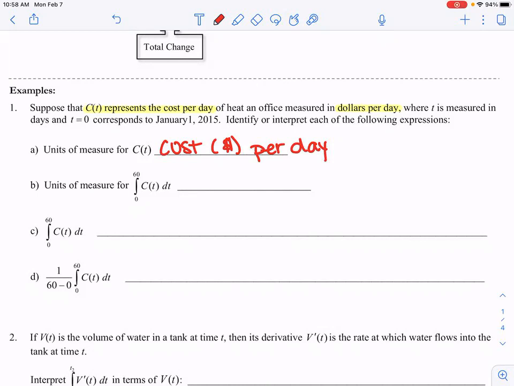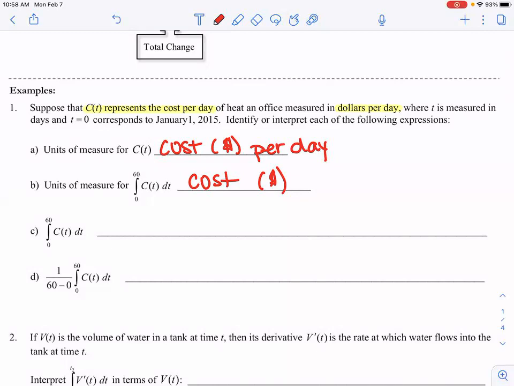So when we go backwards, when we take the antiderivative of this rate, what unit of measurement are we going to be left with? Cost. When we go backwards, we lose that per whatever time measurement we're looking at.